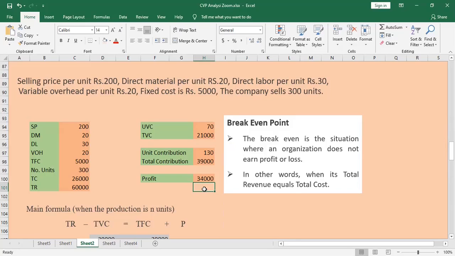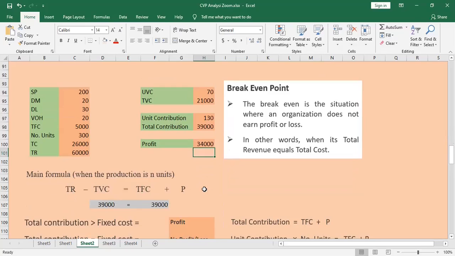Or in other words, that means TC equals TR, that is total cost equals total revenue, right? So let me put this perspective into this formula. So this is actually the main formula that we are looking at, right? Now you can see it here.